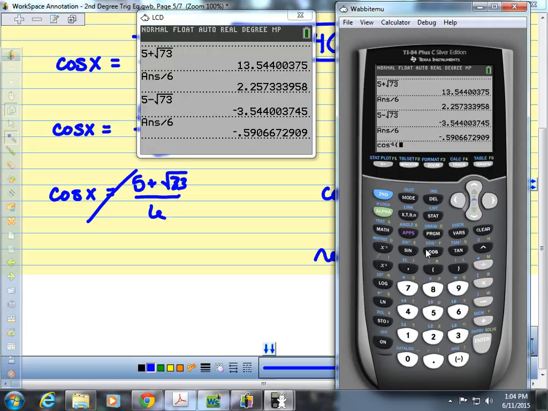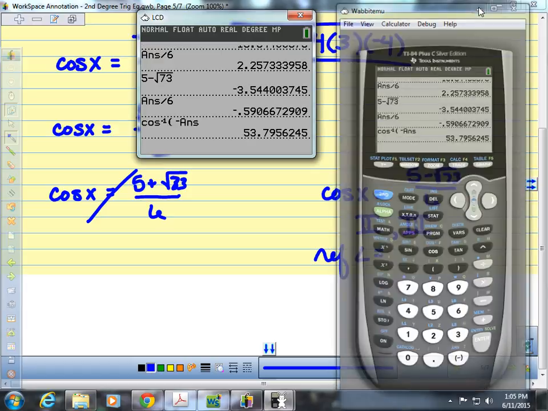I need to take the inverse cosine of what? The positive value, right? So am I going to have to type it all in? What could I do that would make that positive? Just negate it, right? Negating a negative would make it positive, wouldn't it? Are those 2 button pushes easier than typing the whole thing in? Much easier, right? Much easier. What's our reference angle? 53.795.